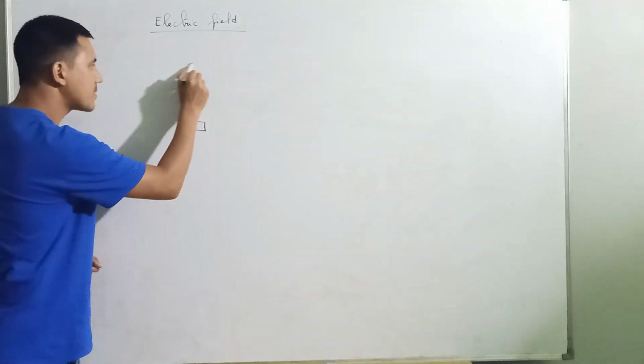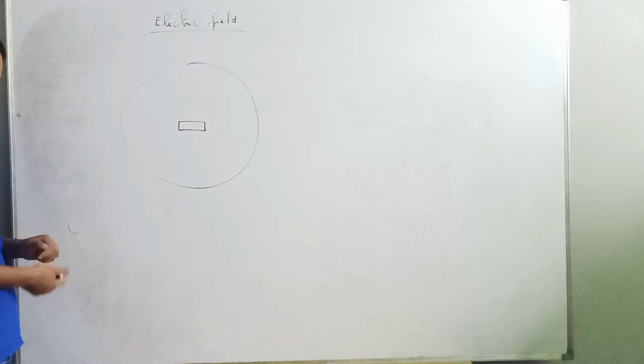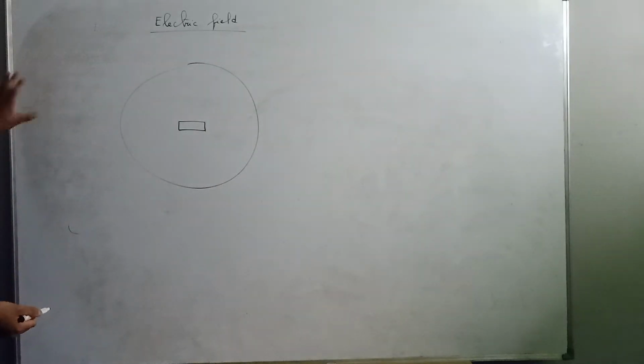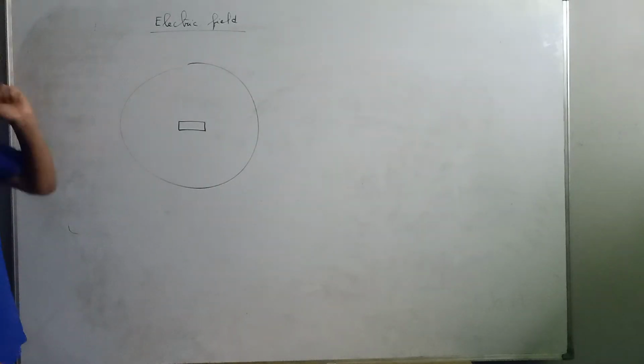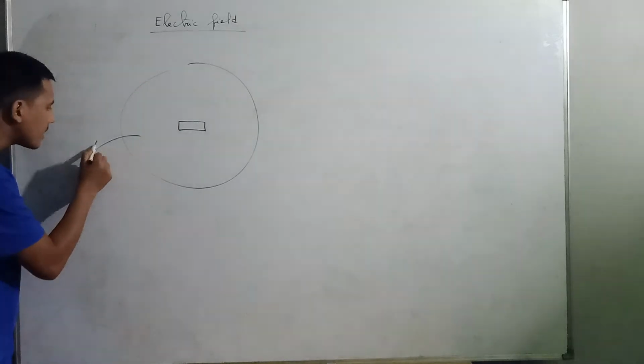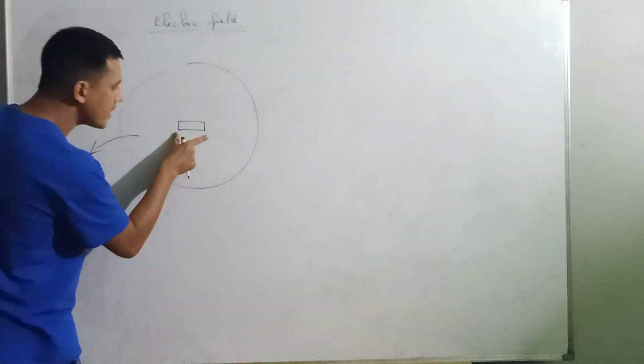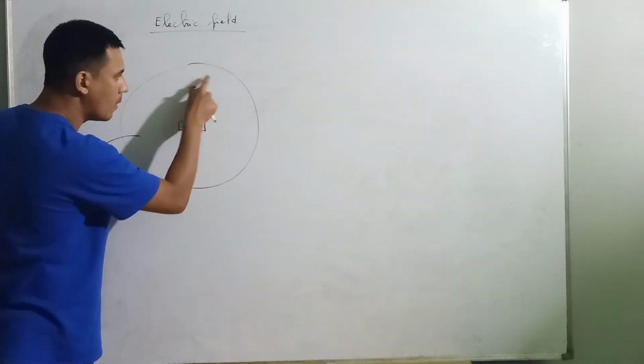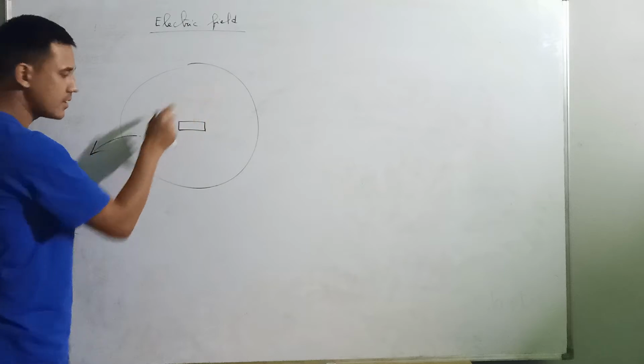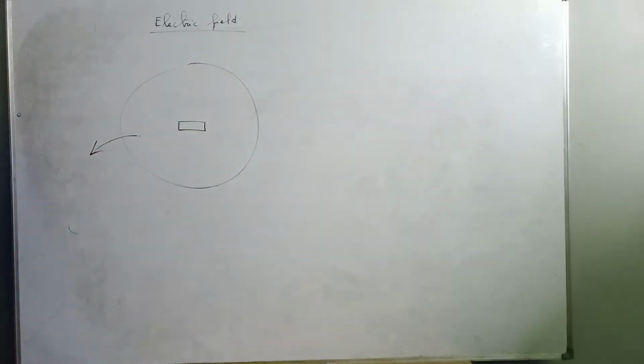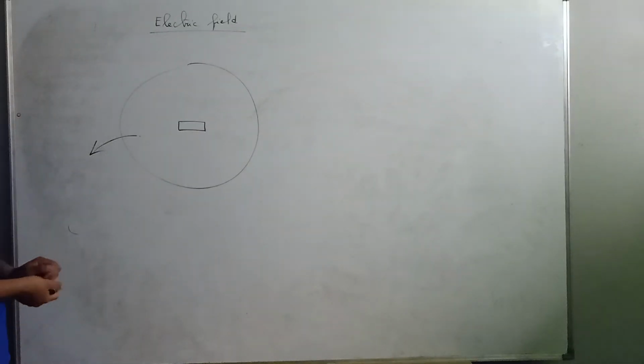When you place the iron objects in this field, they experience a force of attraction. So that particular field, which is created by this magnet in the space around it, is known as magnetic field. Are you getting me?